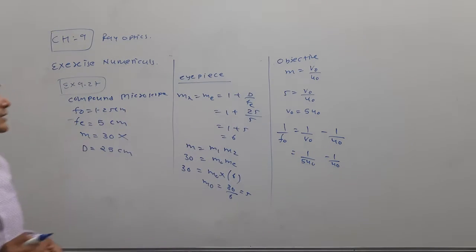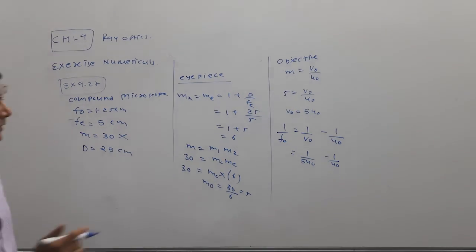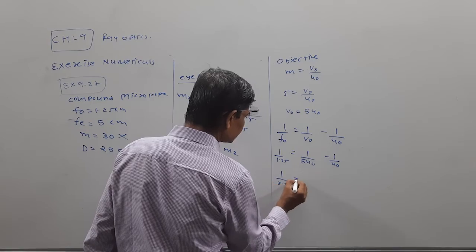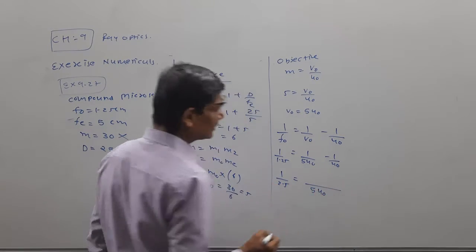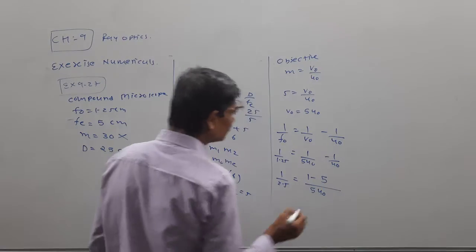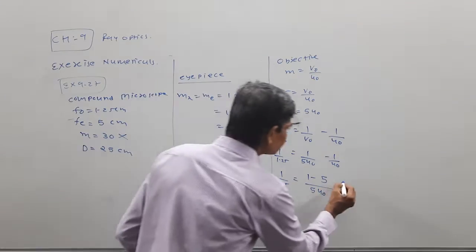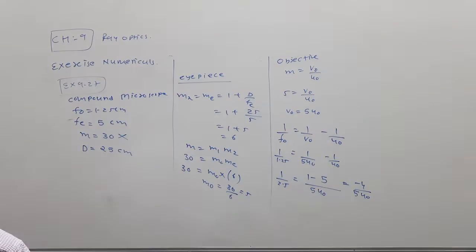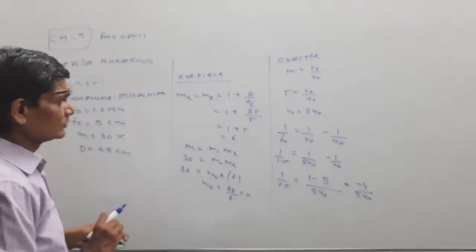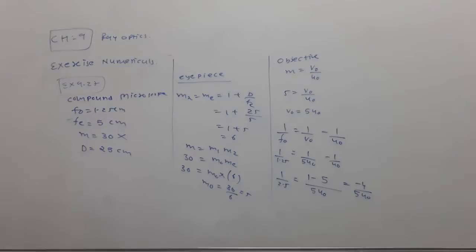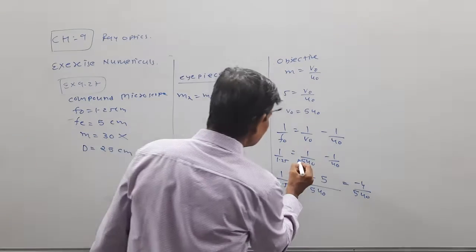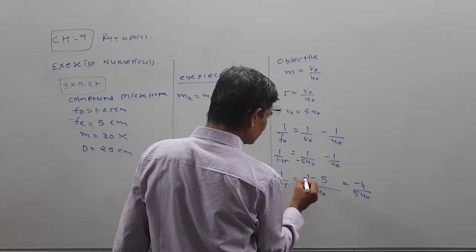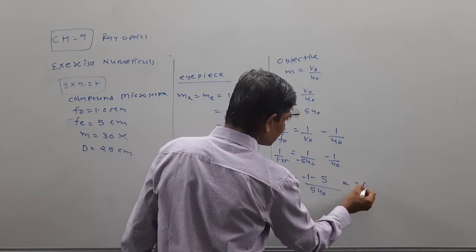The focal length of the objective is given as 1.25 centimeter. 5 U0 will be LCM 1 minus 5. Here V also will be negative. Why? See, the image is a real image, so minus 5 and minus will make minus 6.